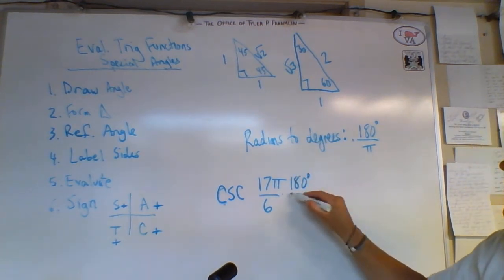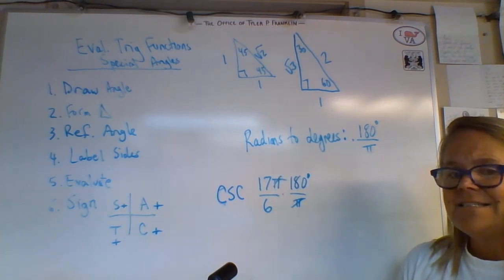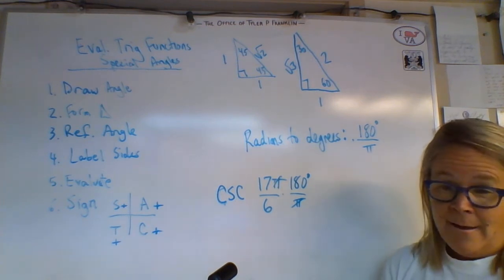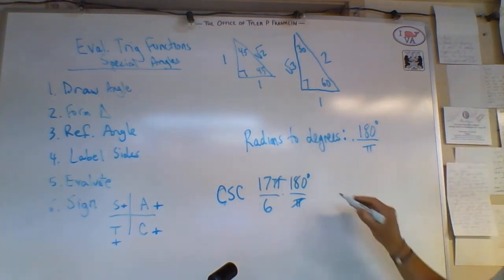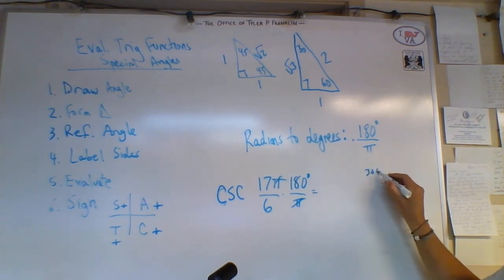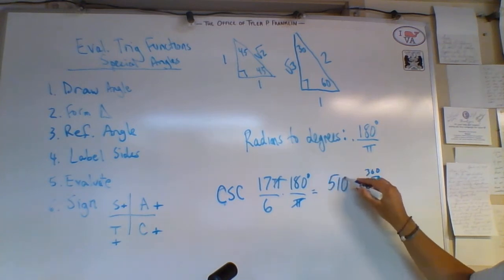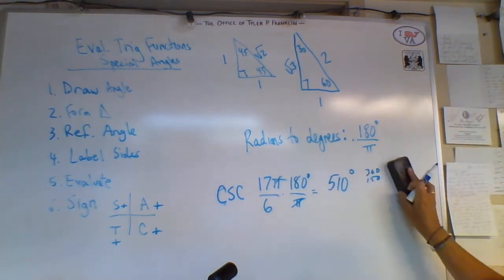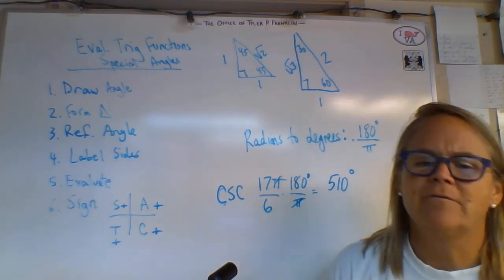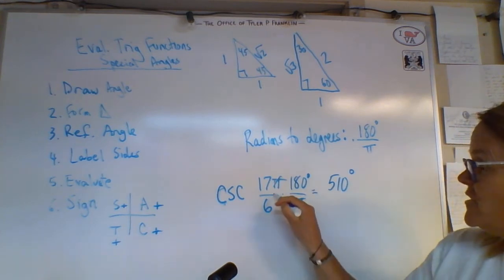Multiply by 180 over pi. Those cancel. 17 times 180 divided by 6. I believe, if I'm thinking right, is 360 plus 150 is 510. I hope. 17 pi over 6, 12 pi is 360, and 5 pi over 6 is 150.